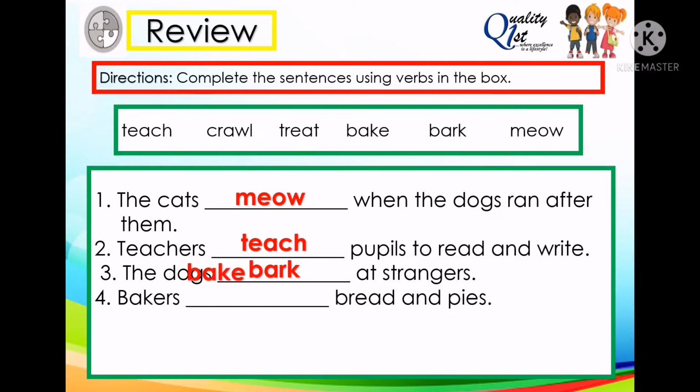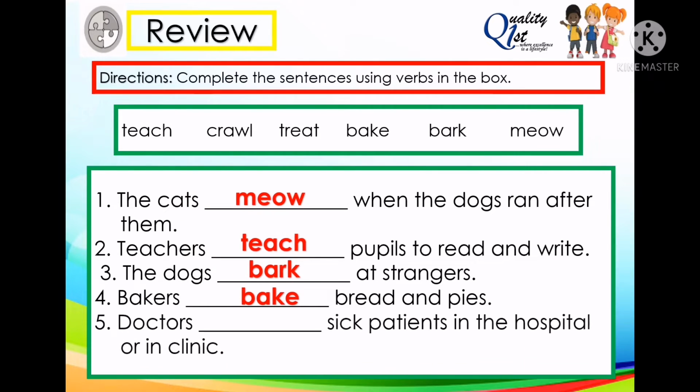The correct answer is bake. Okay? For number 5, doctors blank sick patients in the hospital or in clinic. The correct answer is treat. Well done, kids. Now let's pull up the next slide.